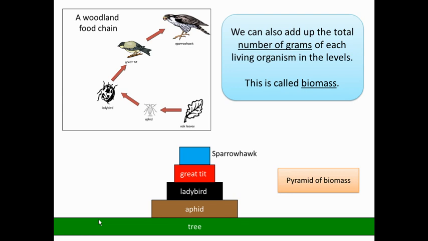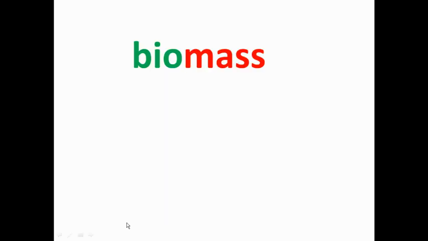Because it's much heavier, it's got much more mass. Okay, then you've got your aphids. So even though there's thousands of them, aphids are tiny, so their mass is going to be much smaller. Okay, you've then got your ladybirds, so again a smaller mass, and it's always got this typical pyramid shape because the mass of the producer is always going to be the biggest mass.